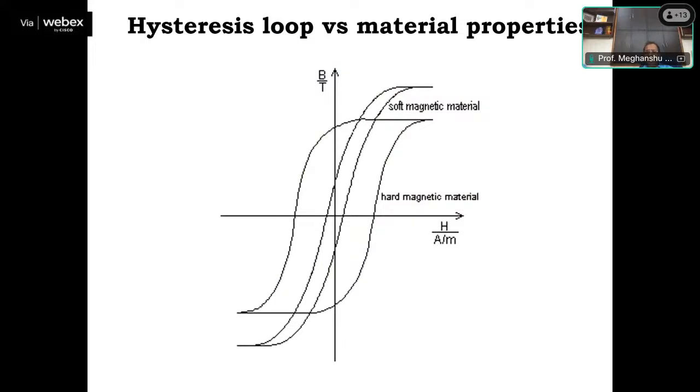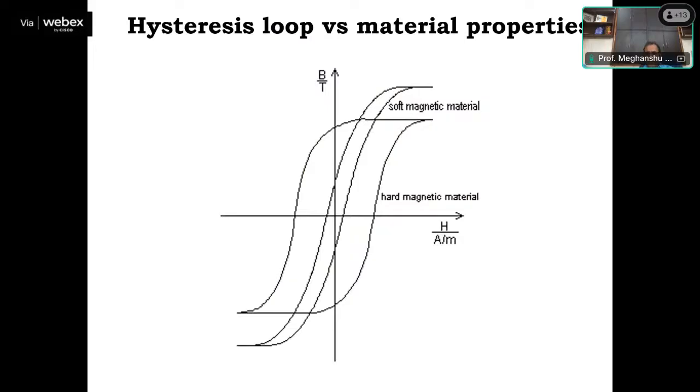You can see the change in shape and size of the hysteresis loop for two different materials, soft magnetic material and hard magnetic material. By changing the shape, we can identify the material property or quality of the workpiece material.